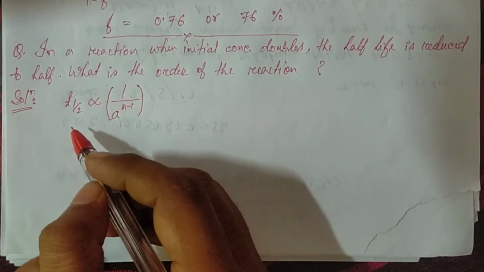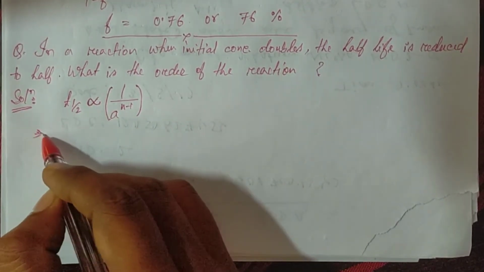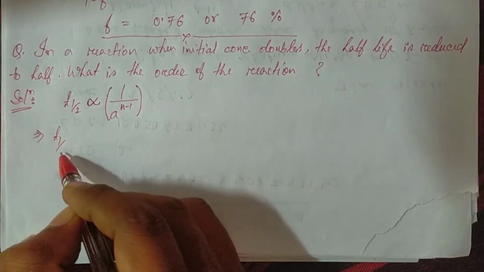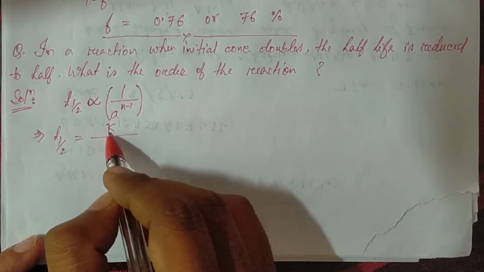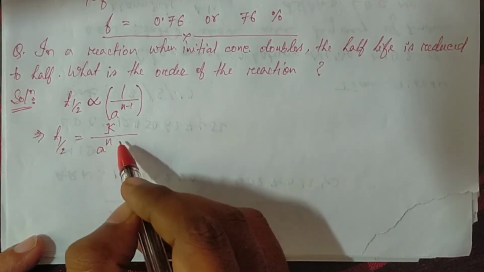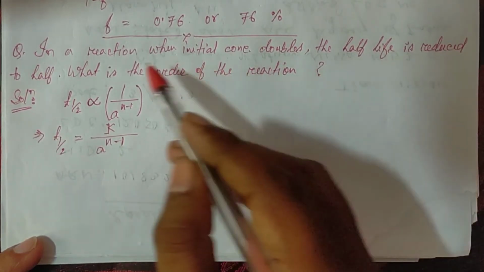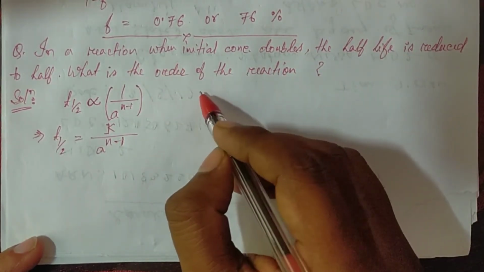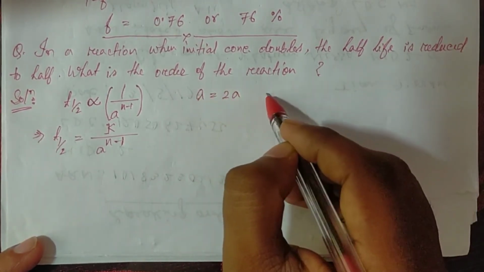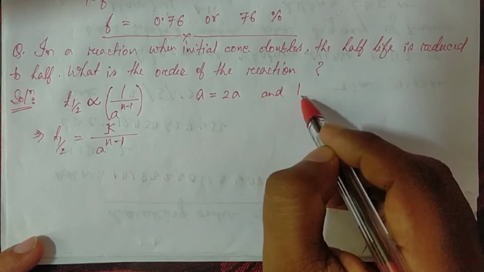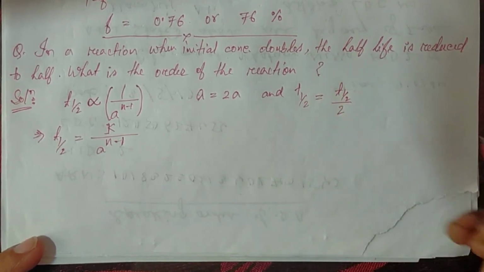Okay, so to remove this proportionality sign, we will put a constant here, k, so t half is k a to the power n minus 1. Okay, so here the condition is that a is twice a and t half is t half by 2.